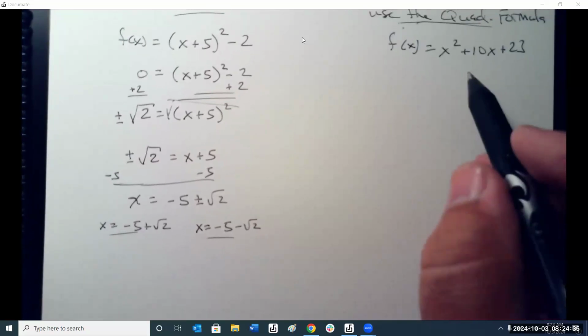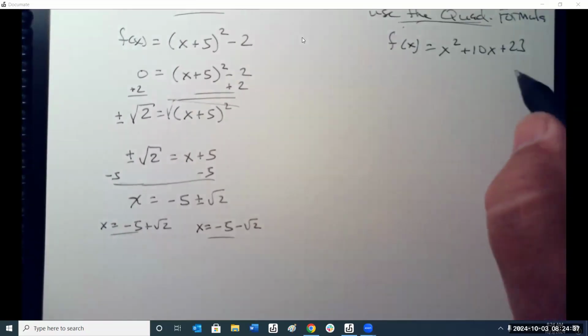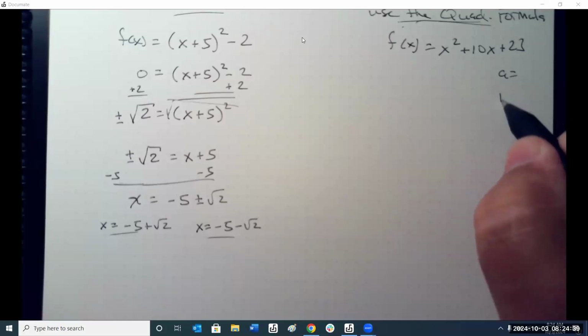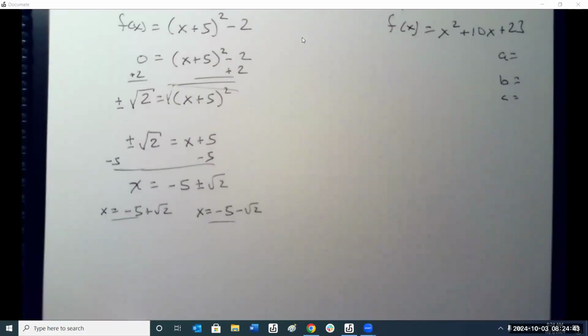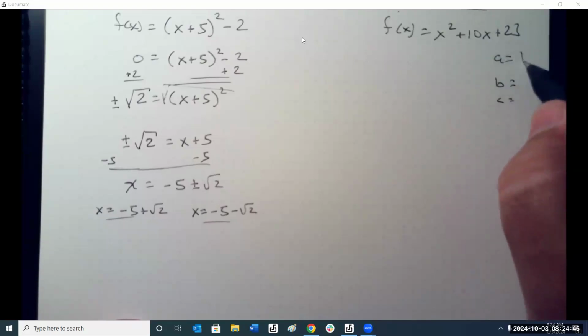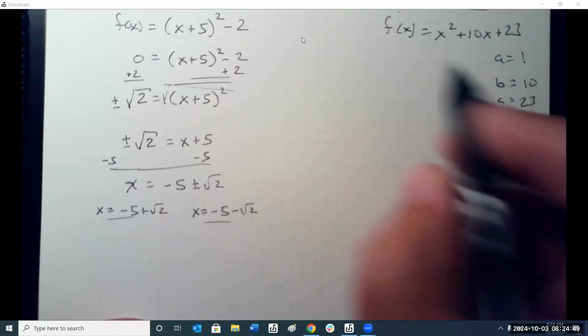Let's look at the quadratic formula now. We label a, b, c. a is 1, b is 10, c is 23.